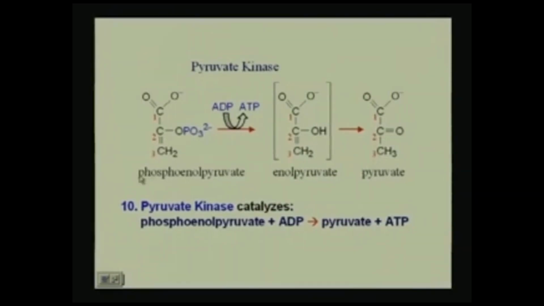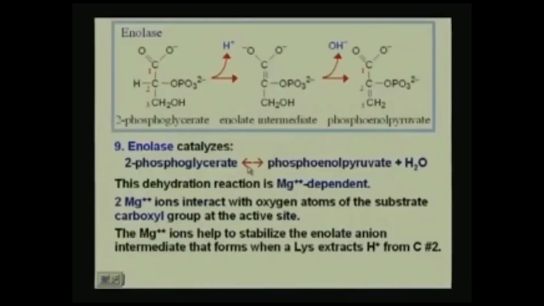So we have phosphoenol pyruvate that was formed from 2-phosphoglycerate. From 2-phosphoglycerate we formed phosphoenol pyruvate, and we now know that to form pyruvic acid we have to have CH3 C double bond O COOH, or rather pyruvate would be CH3 C double bond O COO minus.